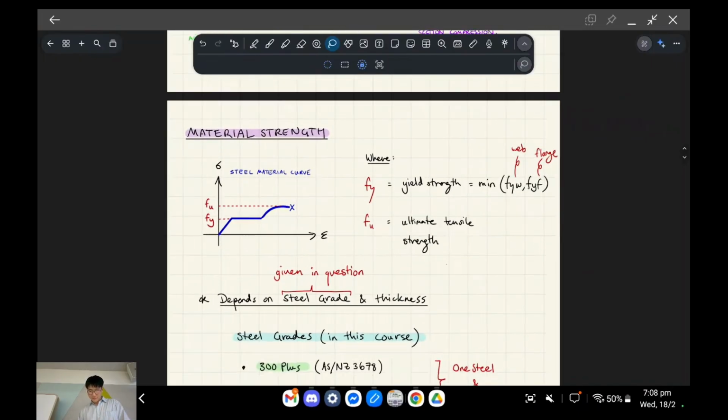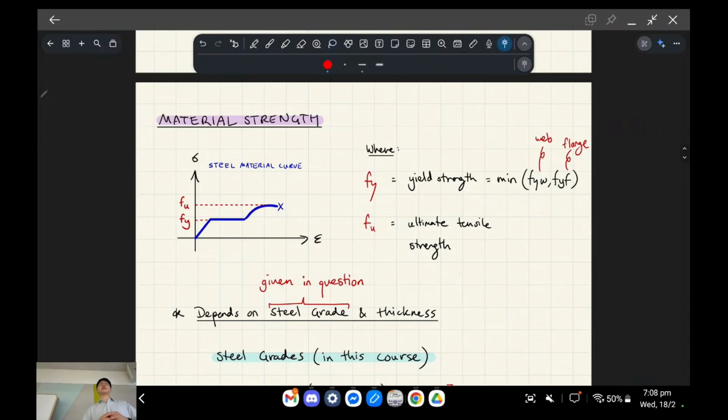Okay. So steel has a very unique material curve because of its metal lattice at a material science level. You have a symmetric material curve. Let's say you have stress in tension going that way, and stress in compression, and then this is strain. Have you guys seen the material curve before?